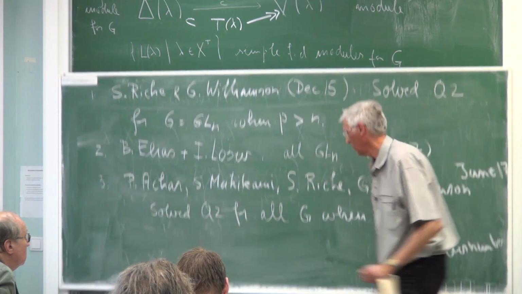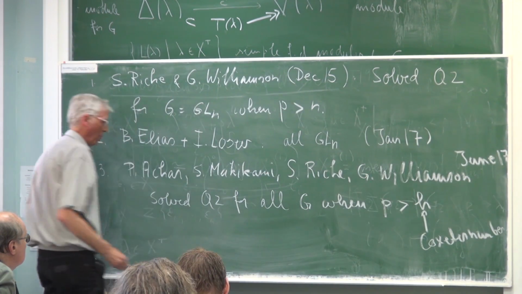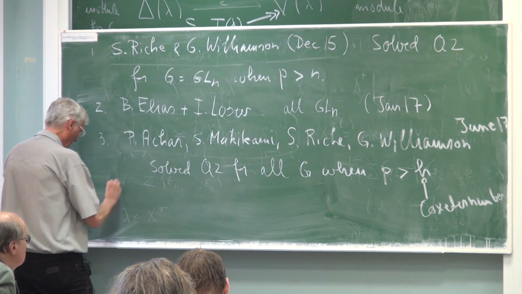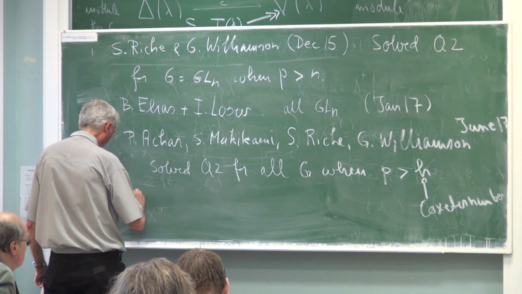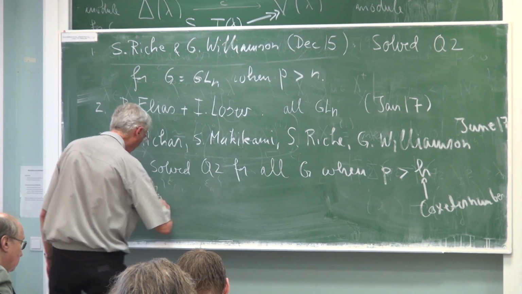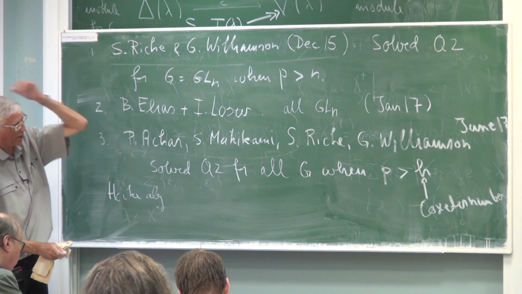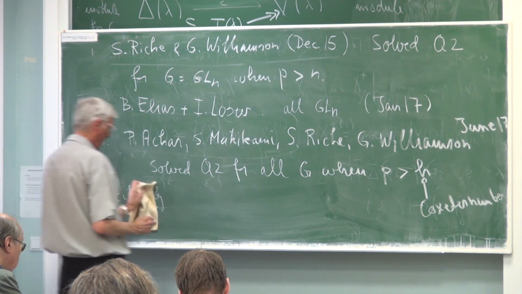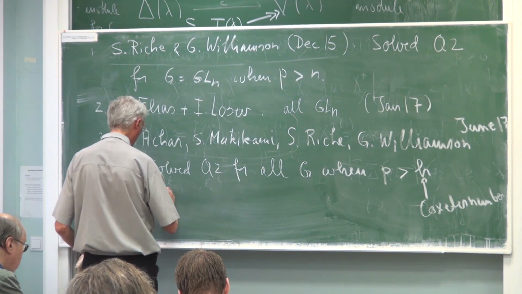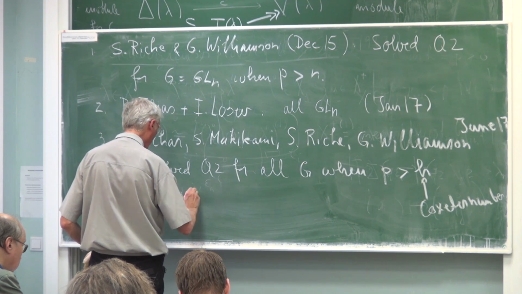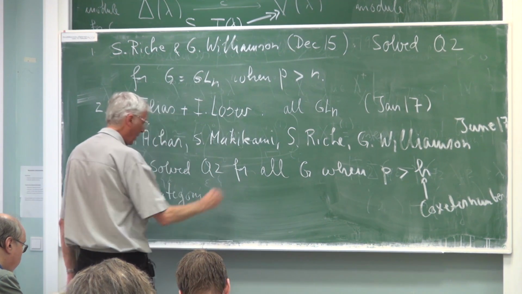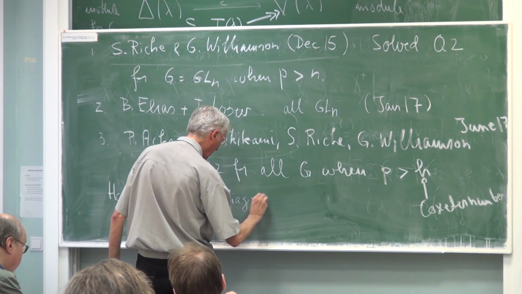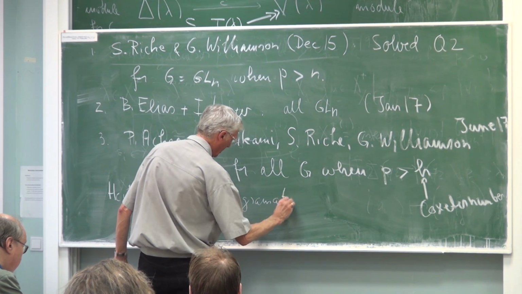Some of the techniques involved use, instead of the Hecke algebra, which plays a role in the Kazhdan-Lusztig theory, a Hecke category which they have sort of invented, where they can use what they call diagrammatics.